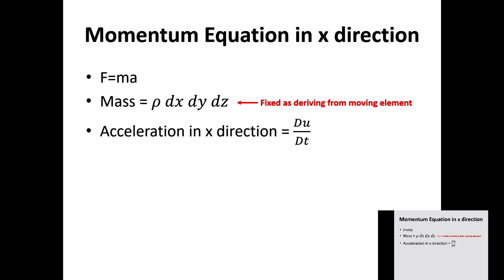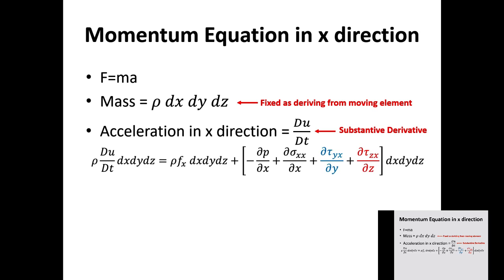So mass is fixed. Rho dx dy dz is fixed. And acceleration in the x direction is du over dt. That is the speed divided by time. So that is called the substantive derivative. And then we are trying to apply F equals ma.